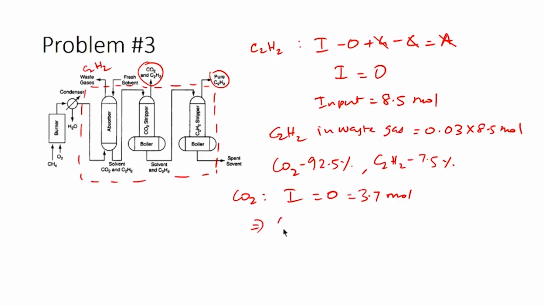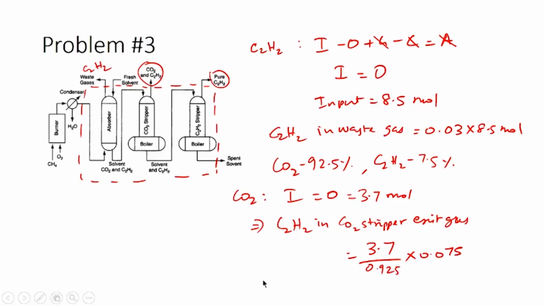So, this implies C2H2 in the CO2 stripper exit gas would be equal to 3.7 divided by 0.925 times 0.075. So, this would be the second exit stream. The third exit stream is what we are interested in, which we can calculate using the material balance.